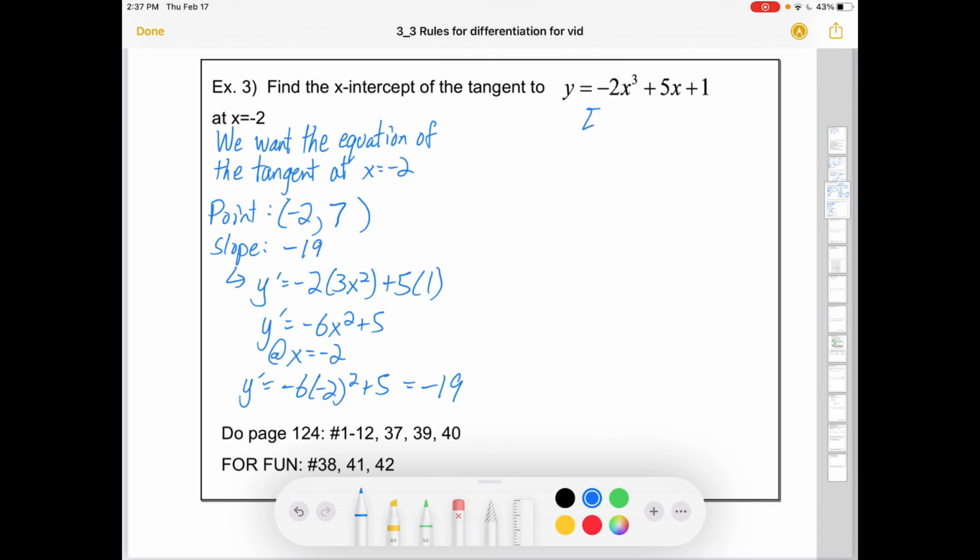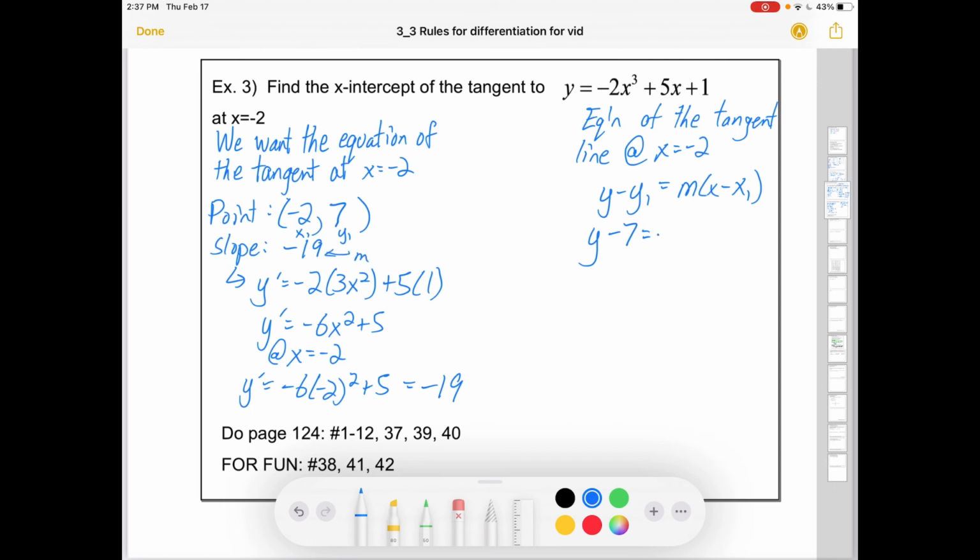Now we have enough stuff to find the equation of the tangent line, or of the tangent at x equals negative 2. We'll use the point-slope formula, and we'll carefully sub in. So y minus, here's x1, y1, so y minus 7 equals m, which is the slope, x minus negative 2, so x plus 2.